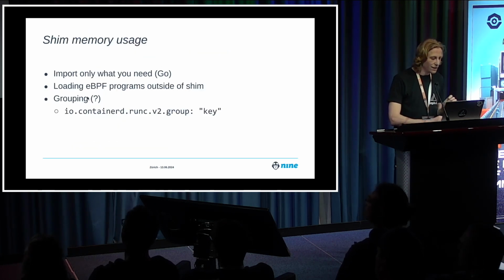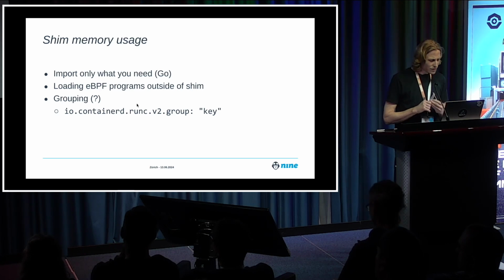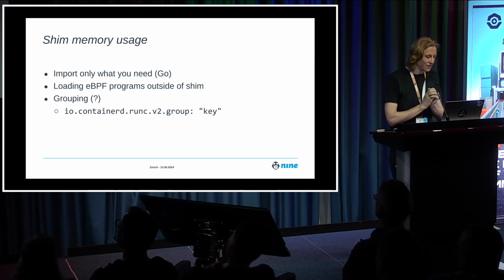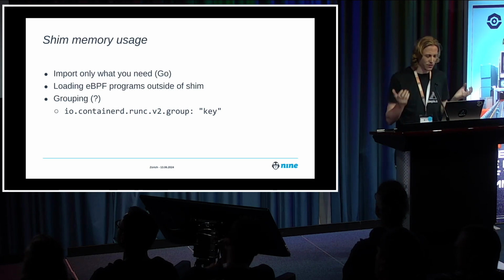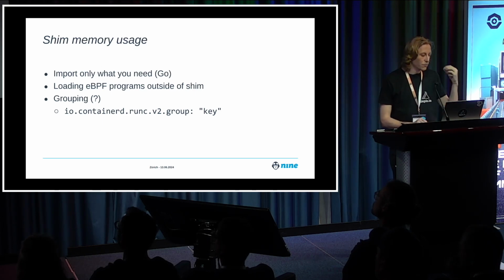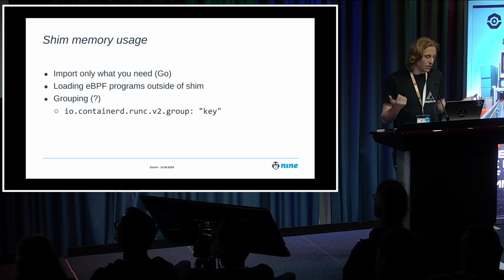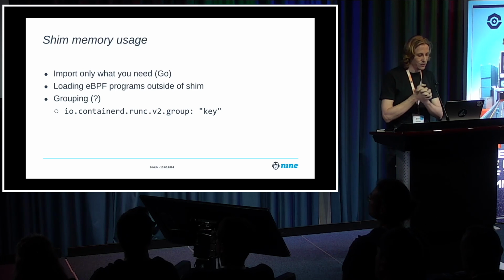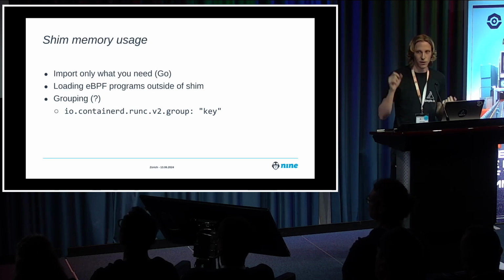And there's a little thing called grouping. I'm not too sure about that yet, but I found this in Containerd. You can set this little key here, and then multiple pods can use the same shim. In theory, that sounds pretty good because now you can group pods together, and you have just the overhead of one single shim.